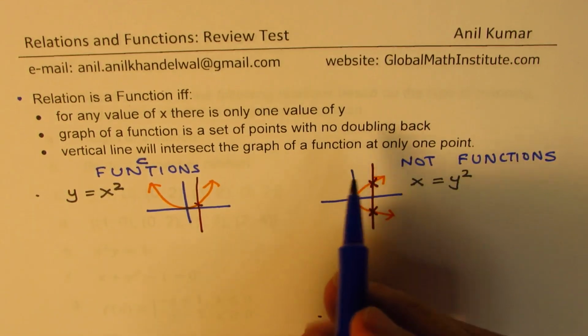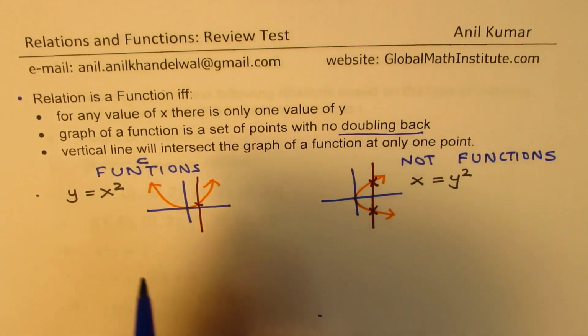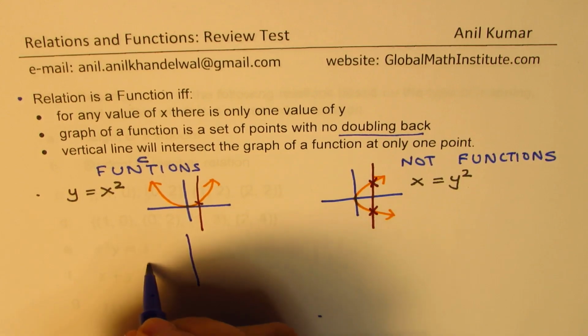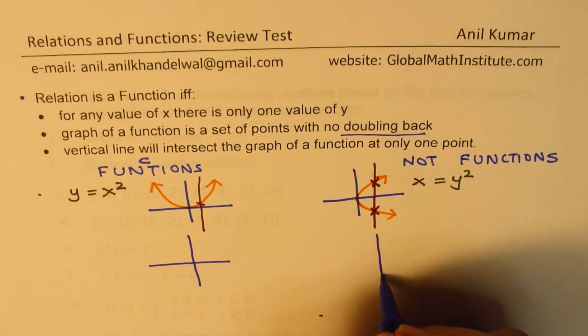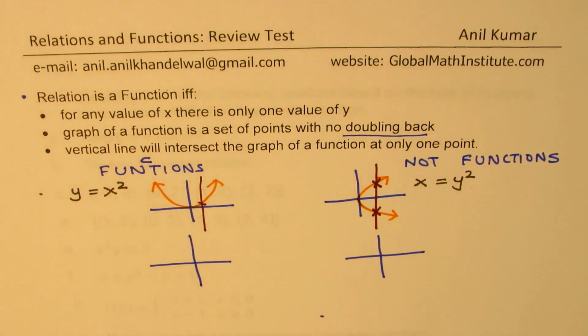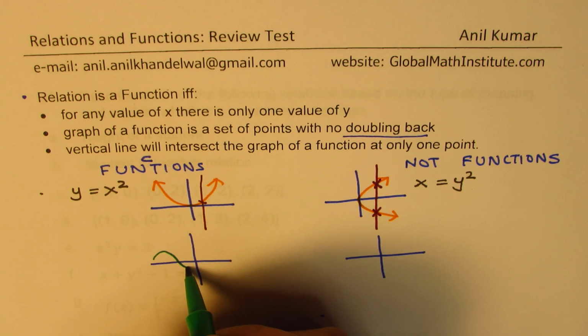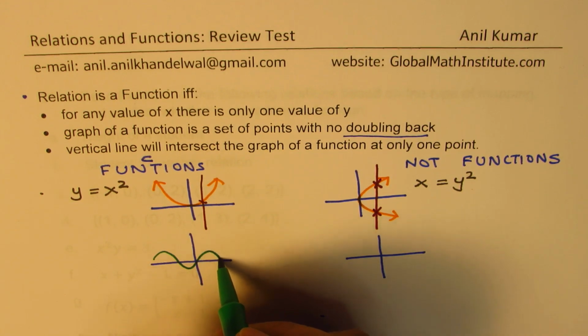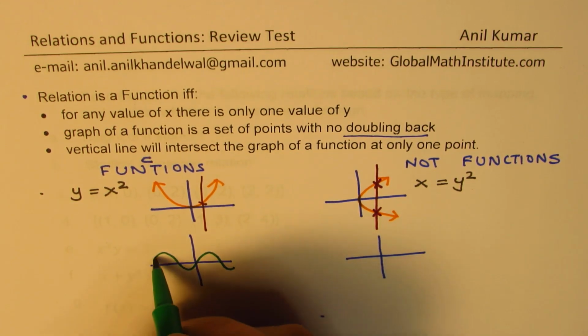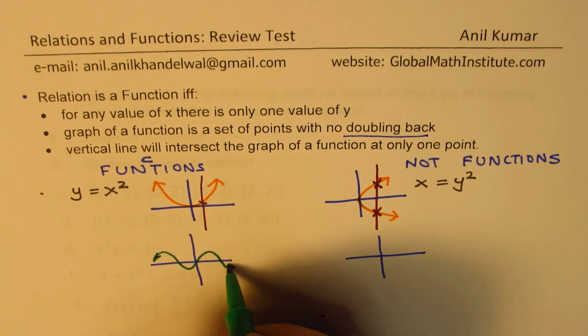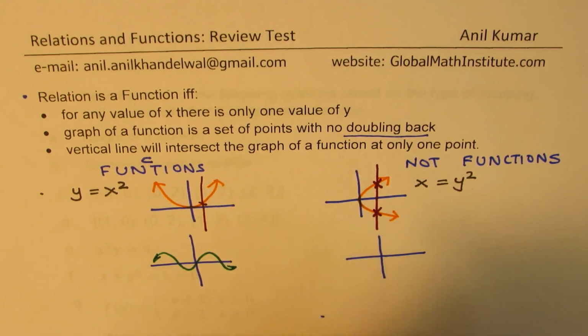Let's talk about this doubling back. It's kind of like this. On a graph, let us say we have a function which is like a sinusoidal wave, right? So in this case, the wave is moving in one direction.